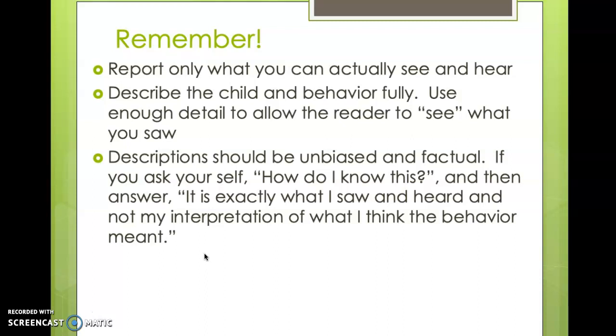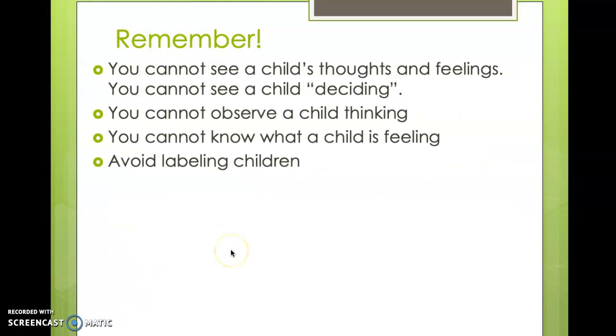Use enough detail when you're writing these to allow the reader to see what you saw. Descriptions should be unbiased and factual. If you ask yourself, how do I know this? And the answer is, it is exactly what I saw and heard, not my interpretation of what I think the behavior meant.